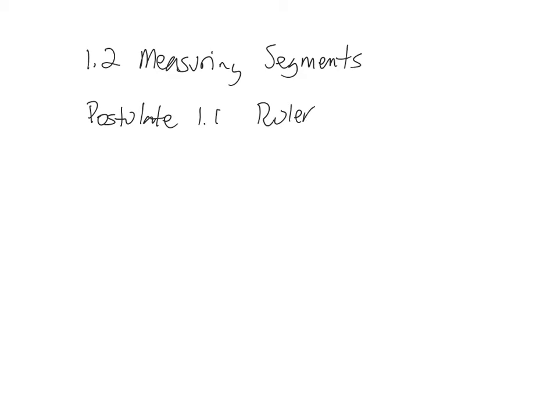So this one is called the ruler postulate. And so it just kind of says if we have a segment from A to B, and I'm going to erase them and put them on top.